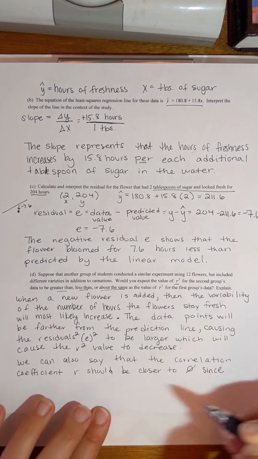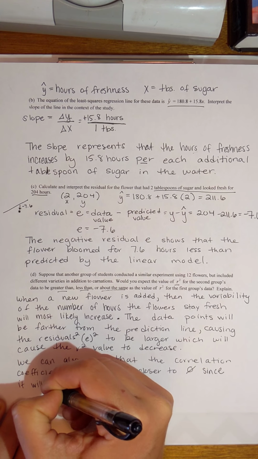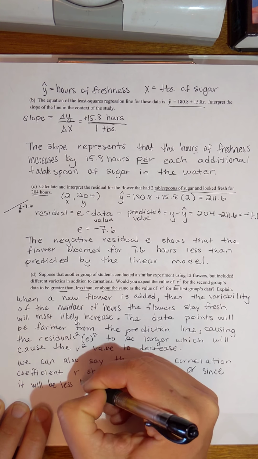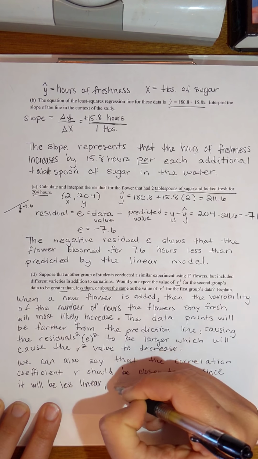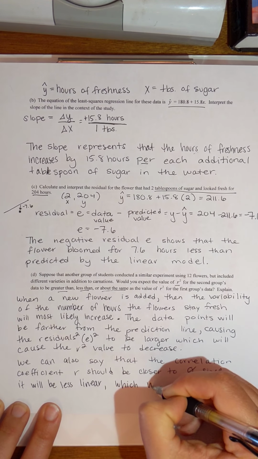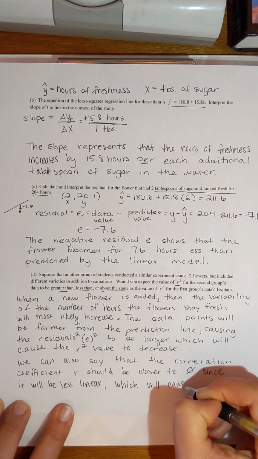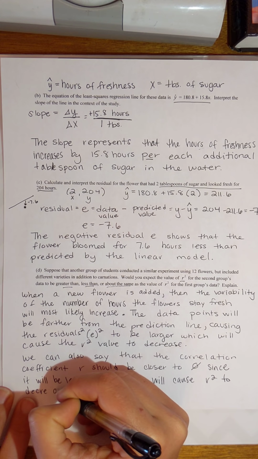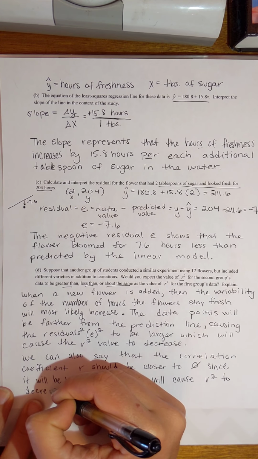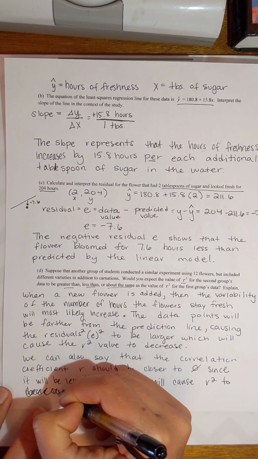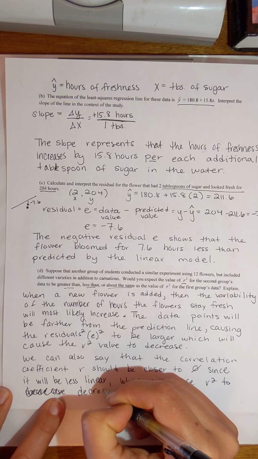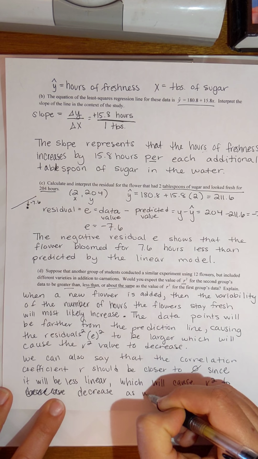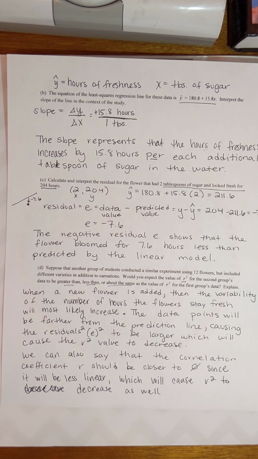Since it will be less linear, which will cause R squared to decrease as well. I know that's more than you would probably have to write. I'm just trying to be really clear so that you understand it in the end. There you go.